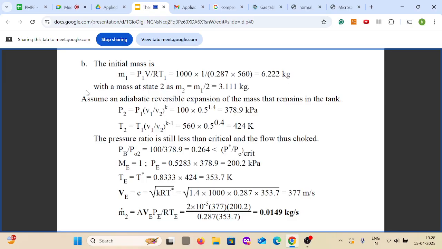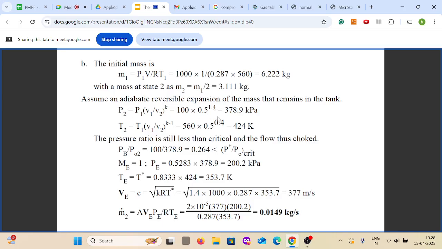So the mass at state 2 is 50% of the initial mass, so the mass now in the tank is 3.111 kg. Assuming an adiabatic reversible expansion, P2 equals P1 into (V1 by V2) raised to power gamma. V1 by V2 is 0.5 raised to power 1.4.